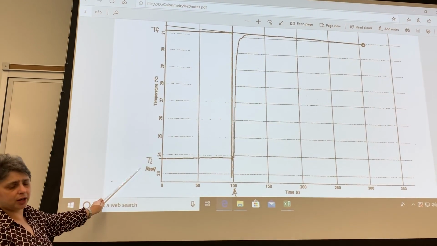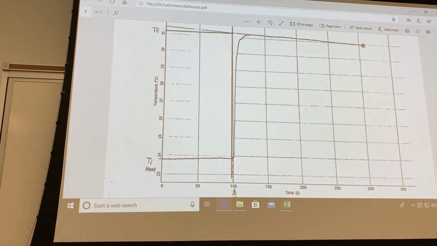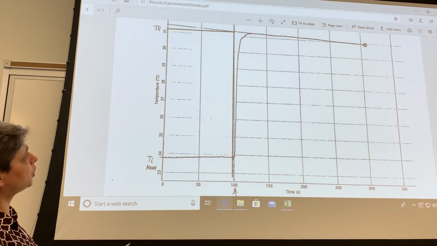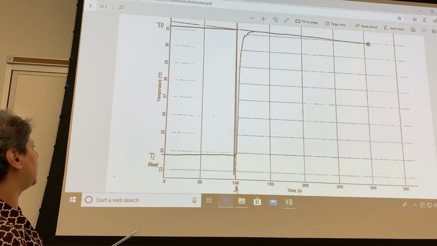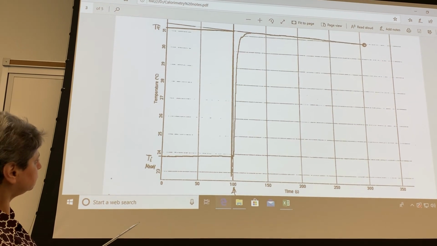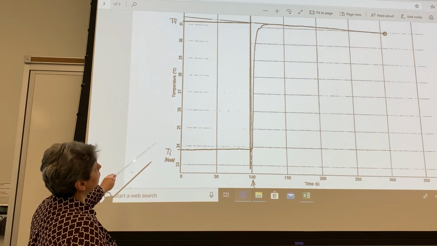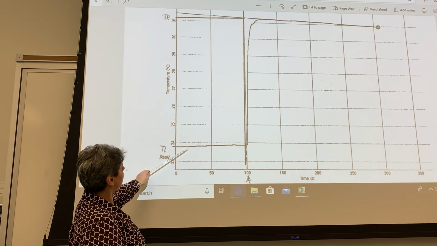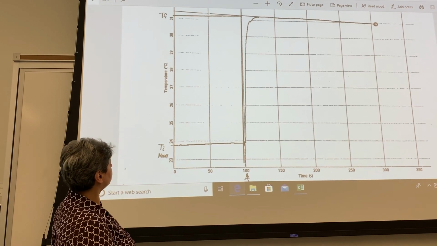This diagram here is very similar to what you have in your lab manual in description of the procedure for this experiment. So once again, increase in temperature is expected when acid and the base are mixed, and final temperature is found from the curve like this.